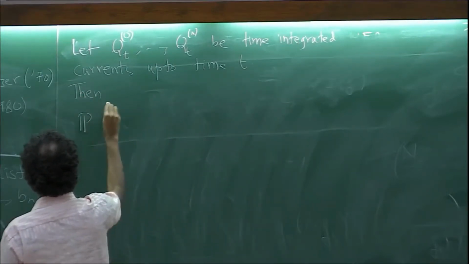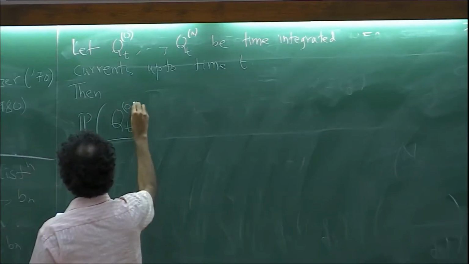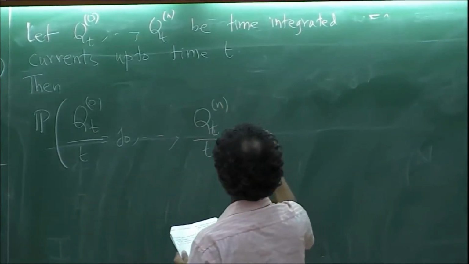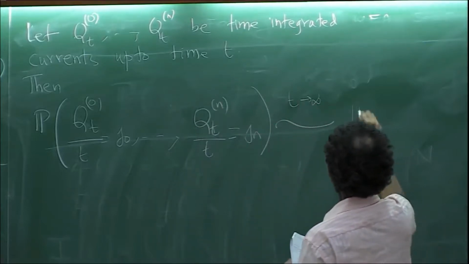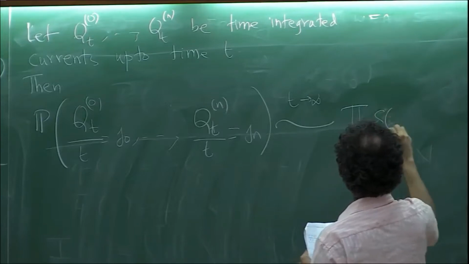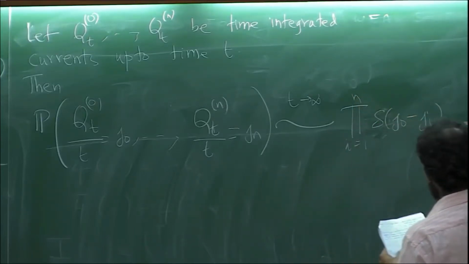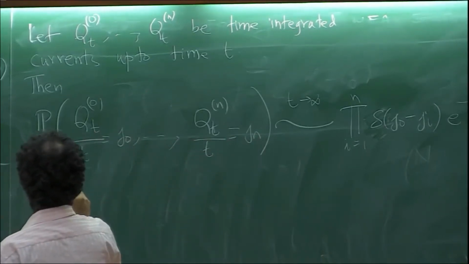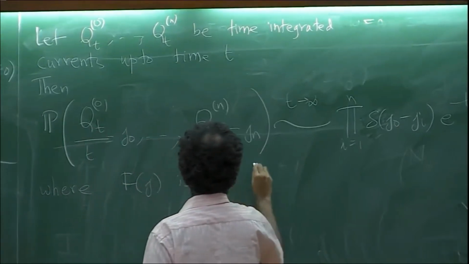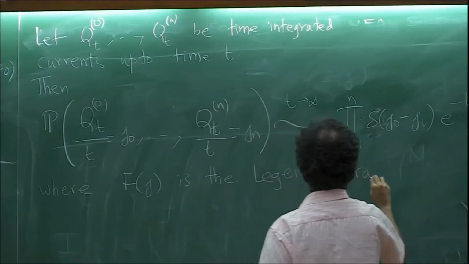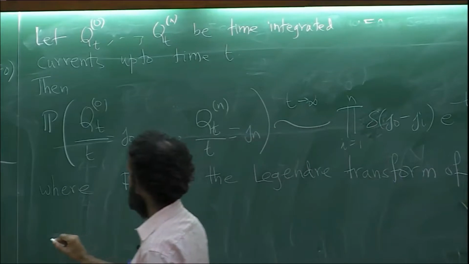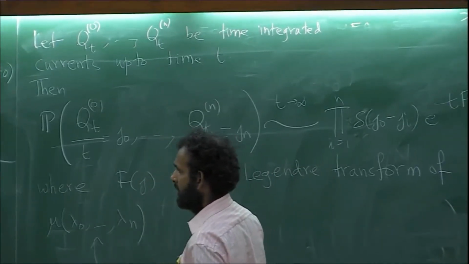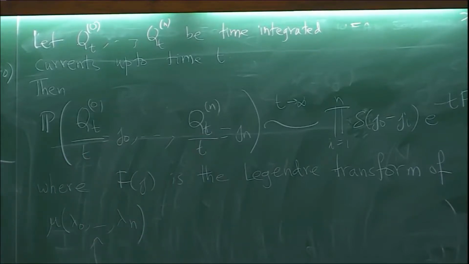Then the probability that Q0 of t over t is little j0, and so on, Qn of t over t is little jn, as t goes to infinity, will be the product of these delta functions j0 minus ji, i equals 1 to n, times e to the minus t times the large deviation function of j0, where f of j is the Legendre transform of mu of lambda naught up to lambda n, which is my L2, sorry.